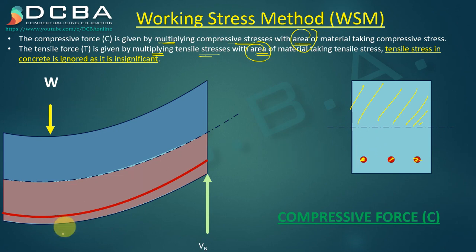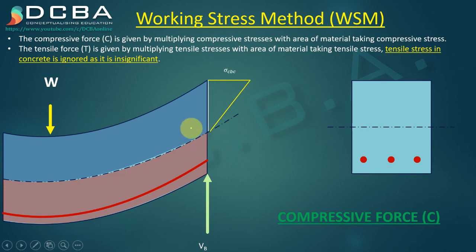Let us see about finding the stresses. Stresses also we have already found. This is the stress diagram that we had drawn previously. I have drawn only the top part of that stress diagram, where we see that sigma cbc is the stress at the topmost layer. But if you see this stress diagram, the stress is not constant everywhere. It is maximum at the top and zero at this point.